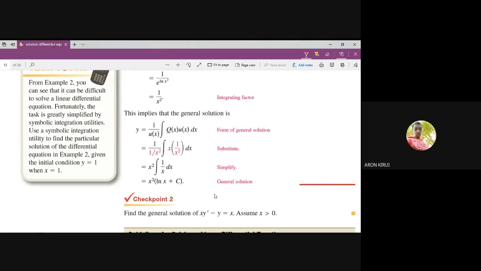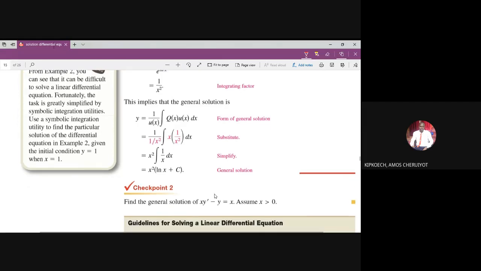Yeah, not bad. So if we proceed from there, we can have maybe 3 ln x plus cx square. Or you open the bracket to be x square ln x plus cx square. So it will be 3 ln x plus cx square. Where is 3 coming from?